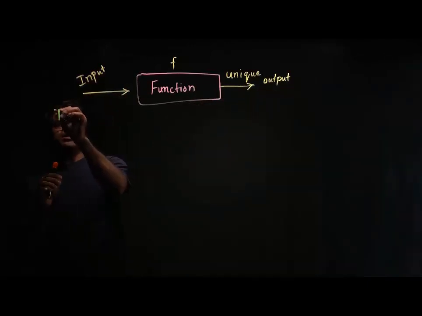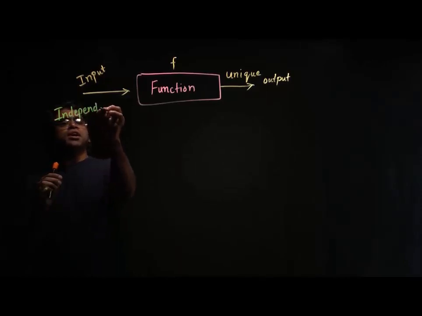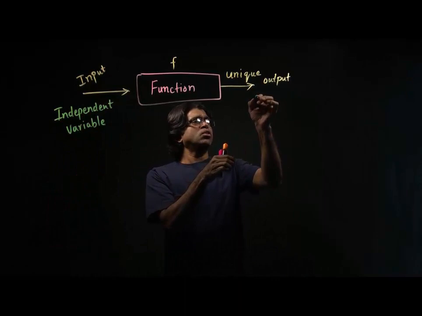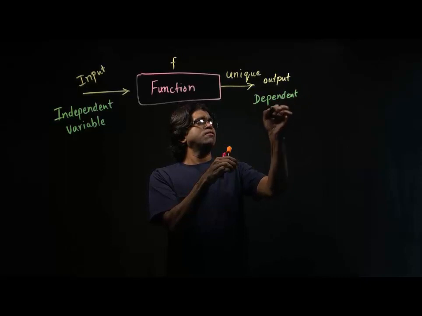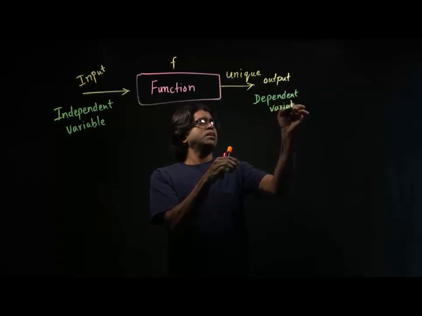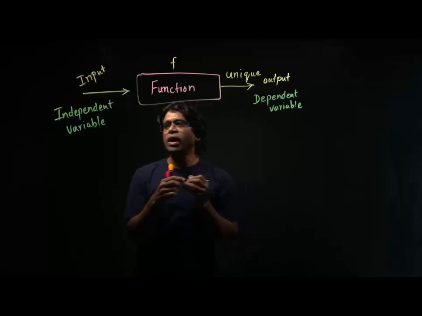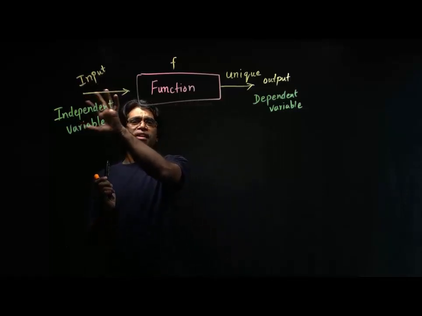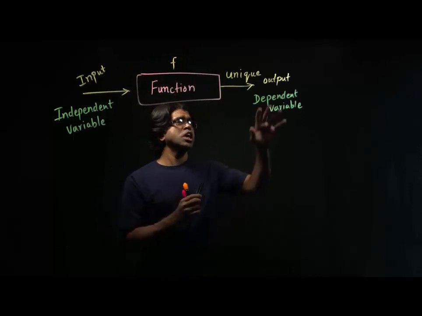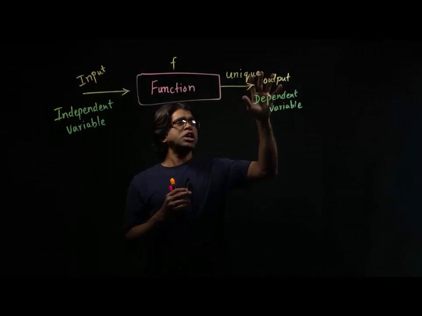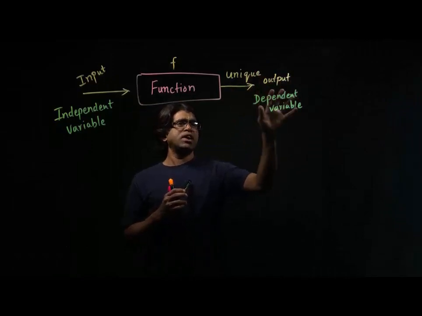where input is known as independent variable, and output is known as dependent variable. So basically what happens when you input something through this operator, which is basically a function, it gives you a unique output which is a dependent variable.